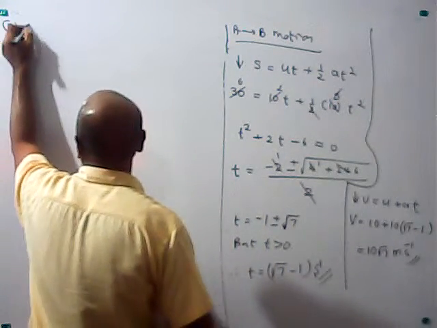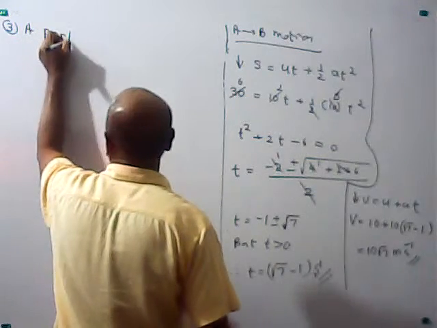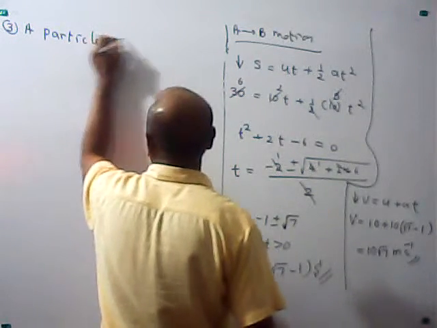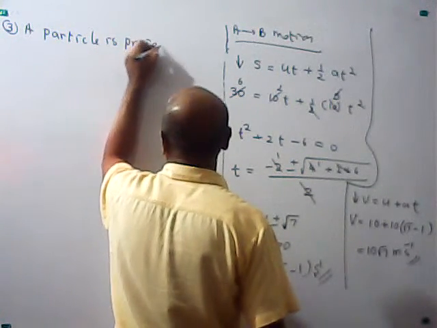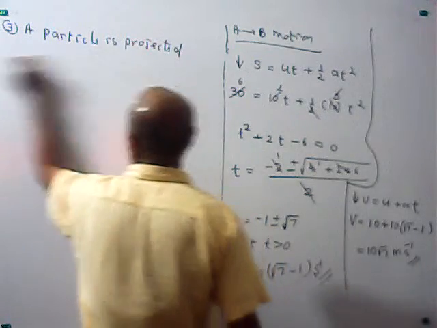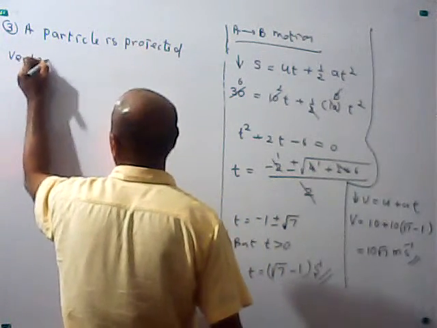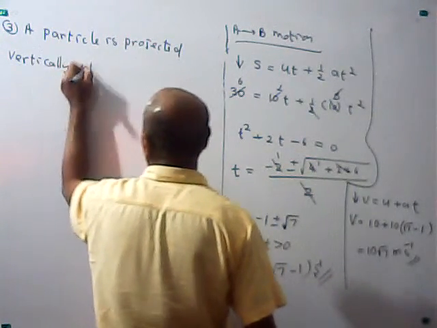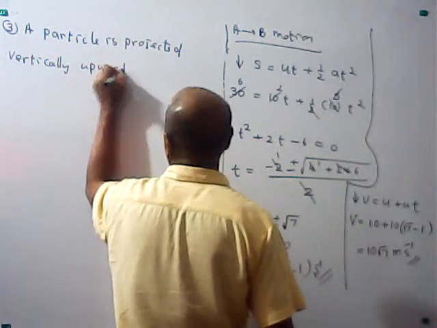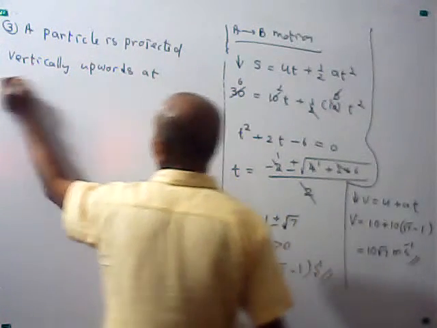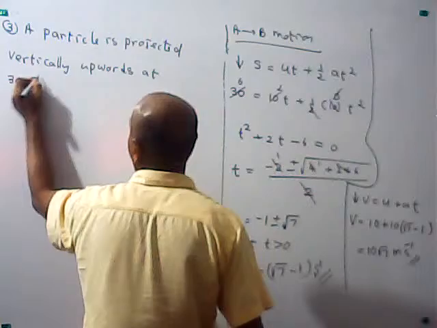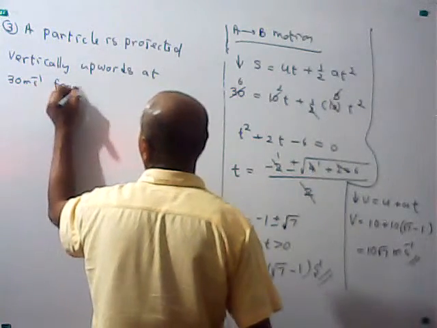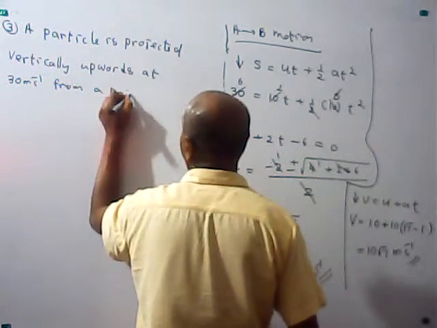Example 3. A particle is projected vertically upwards at 30 ms minus 1 from a point on the ground.